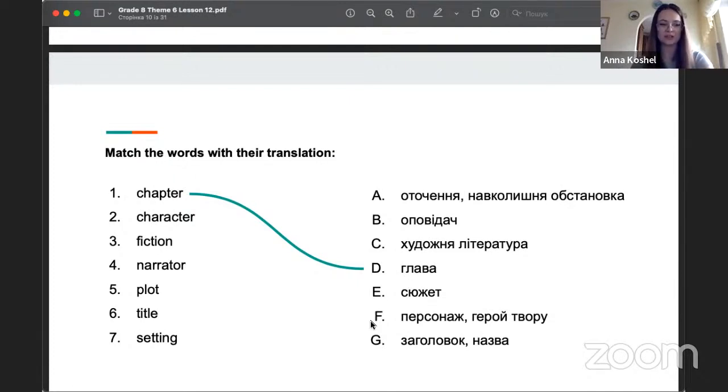Okay, the next word is number 2, character. So who do we call a character in the book? A character is somebody in the plot who does some important things.